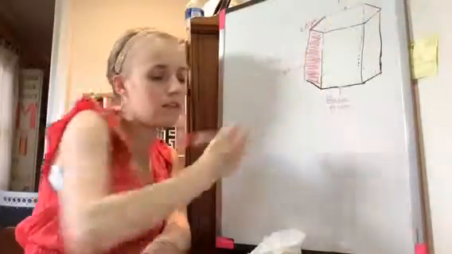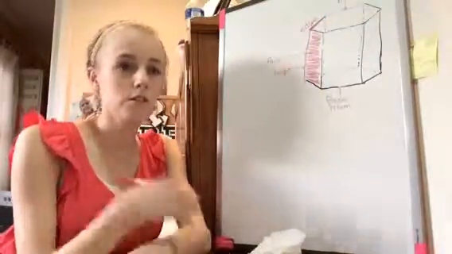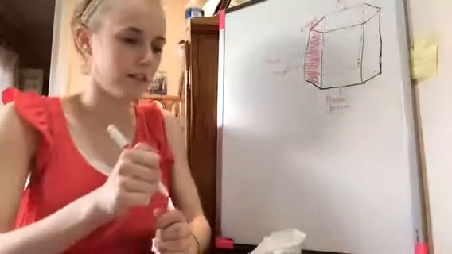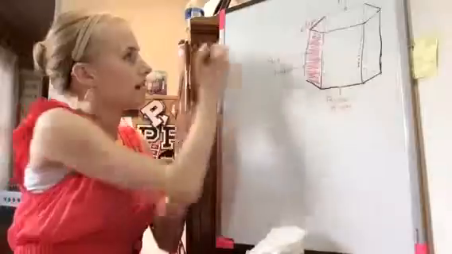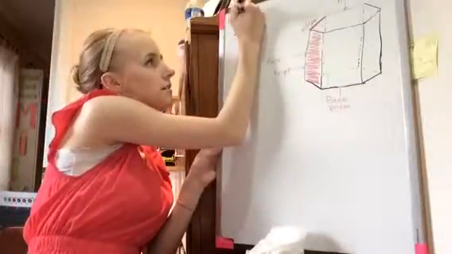So these are things that are going to be important. Now let's start defining some of these. The first thing I want to define is what is a 3D figure.